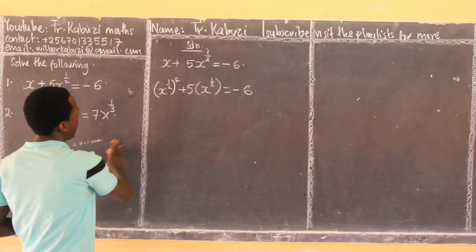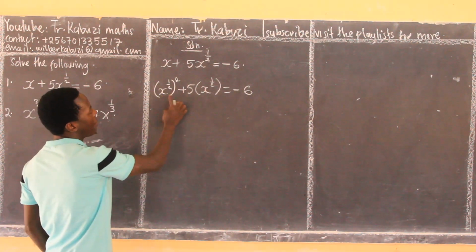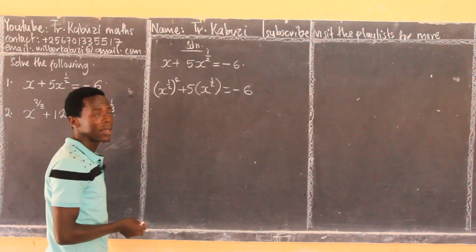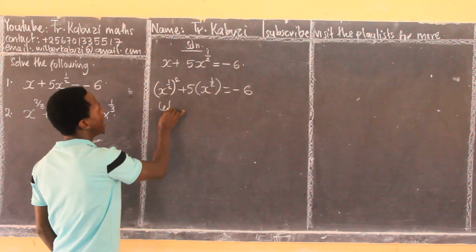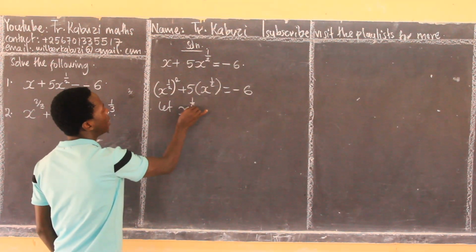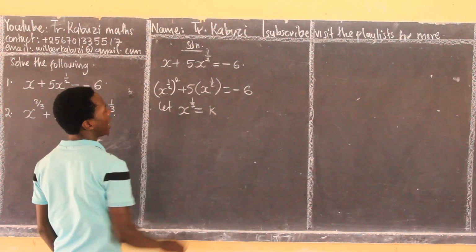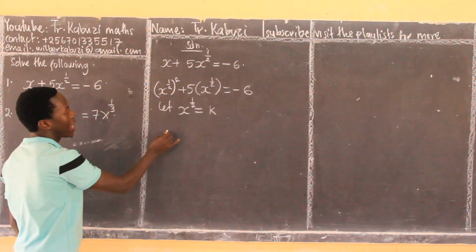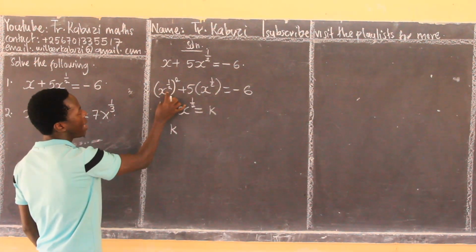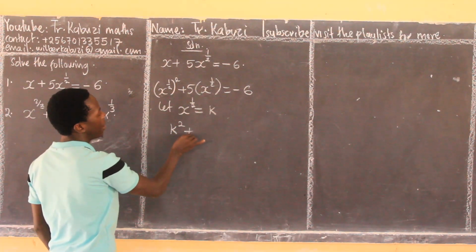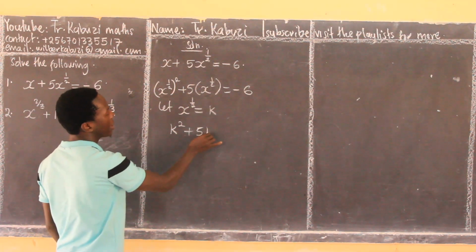Anyway, far from that, now we have a common term, and you know what happens when we have a common term. You let that common term be a letter. Let me use k. So when I put k here, I have k, but remember I'm squaring it. Plus 5 into k.